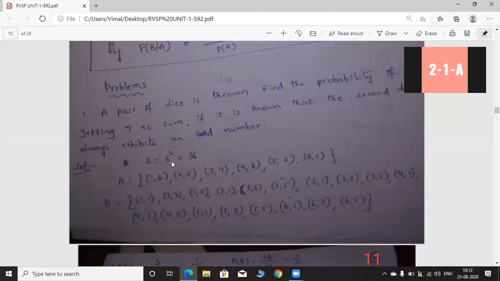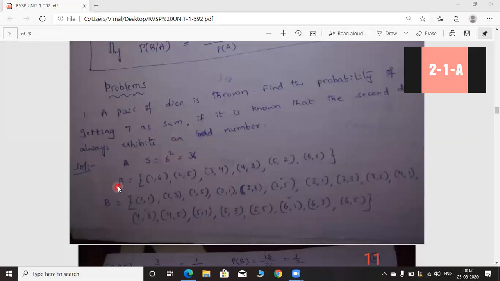So the total number of possible outcomes is 6 power 2. 6 square is nothing but 36. So sample space S is equal to 6 square, which is 36, because we are throwing 2 dice. That's why we write the power of 6 as 2.